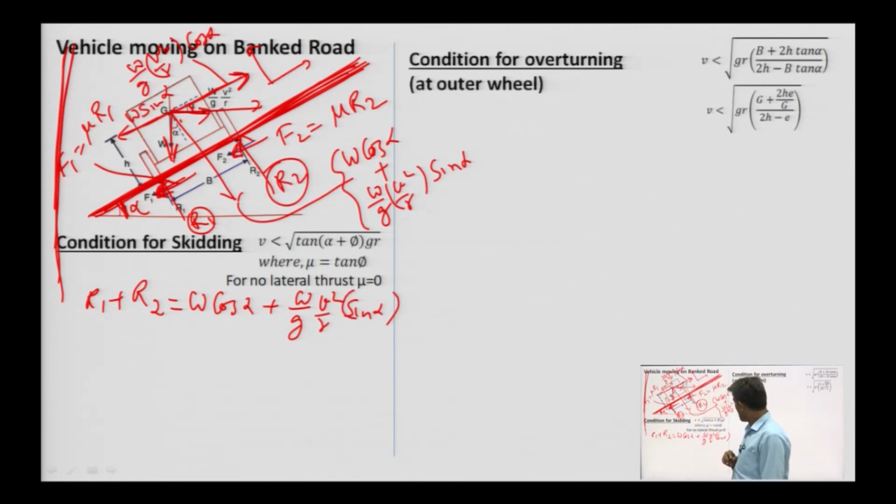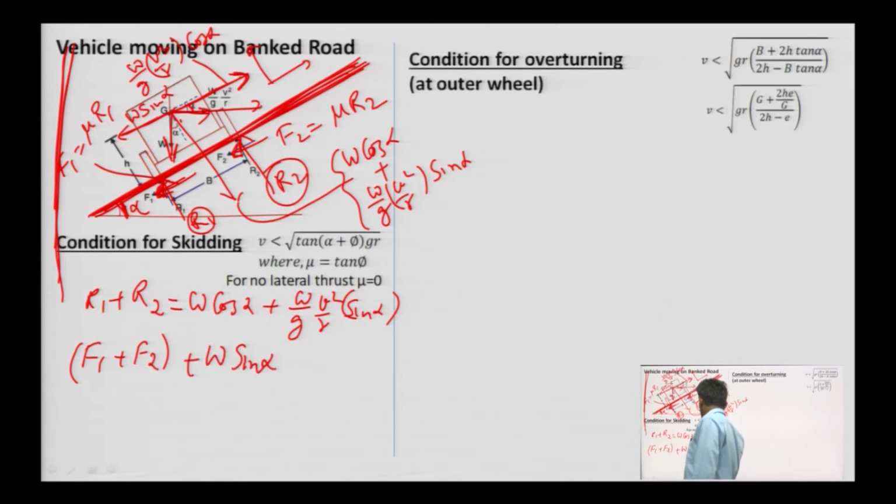And the total friction force is F1 plus F2, acting in this direction. So, F1 plus F2 plus W sin alpha is equal to this one component, W by g, V square by R, into cos alpha.